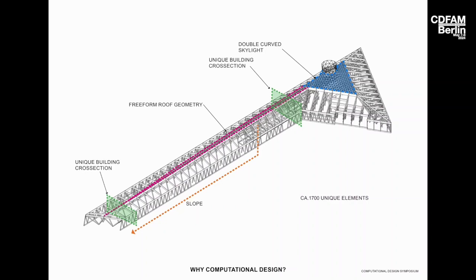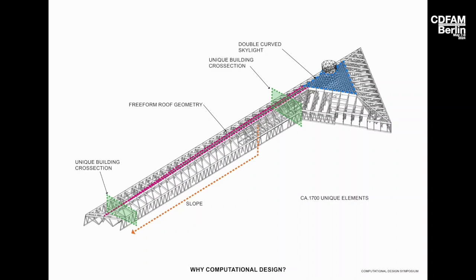I mentioned the changing cross-section of the building, which comes on the one hand from the free-form roof geometry, but also because the ground is sloping, which leads to an ever-changing cross-section. This means no cross-section repeats twice, so every element you see is unique in its cross-section. Together with the slope and the roof geometry, it produces an overall complex geometry.